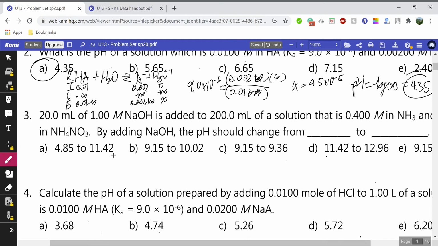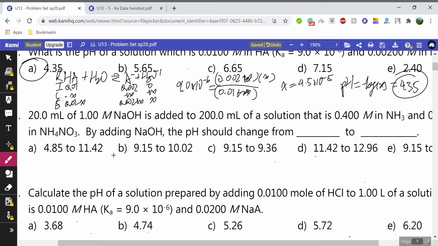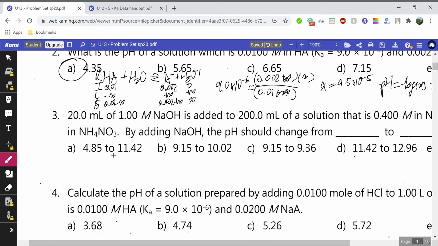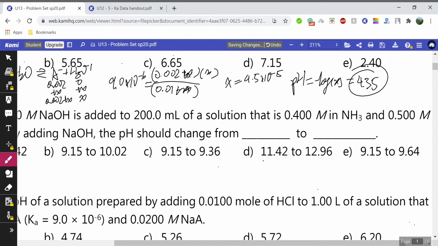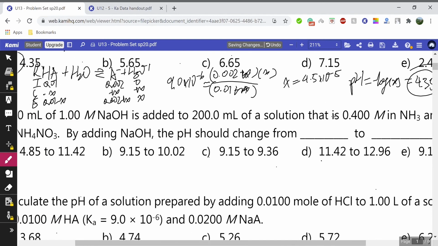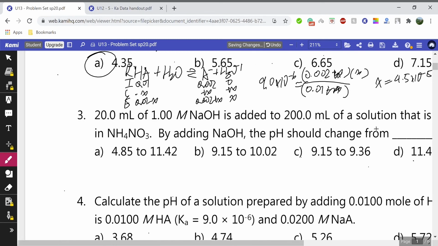Number 3, 20 milliliters of 1.0 molar NaOH is added to a solution of NH3 and 0.5 molar NH4NO3. Okay, so what would be the pH change? So first let's show this solution. Alright, we have 0.4 molar NH3 and 0.5 molar NH4 NO3.